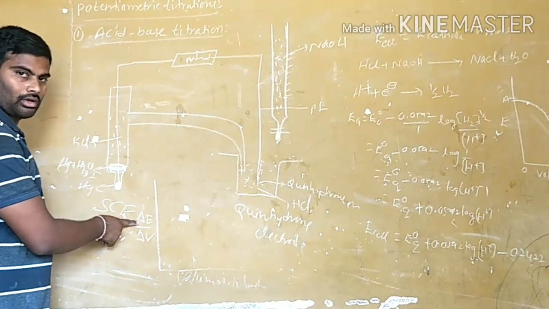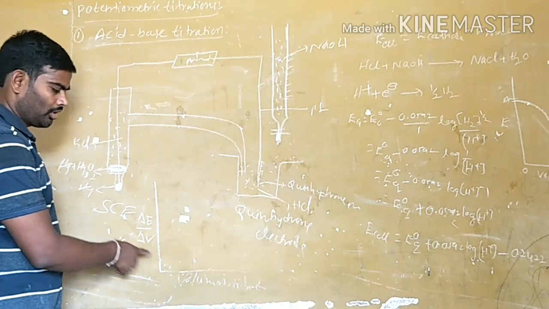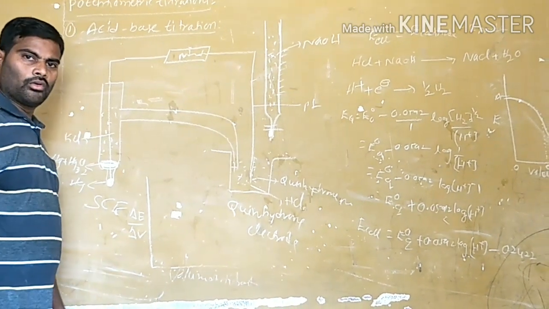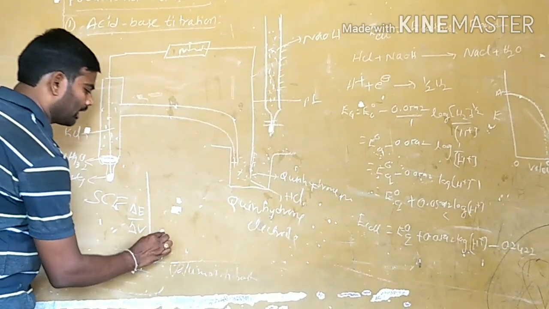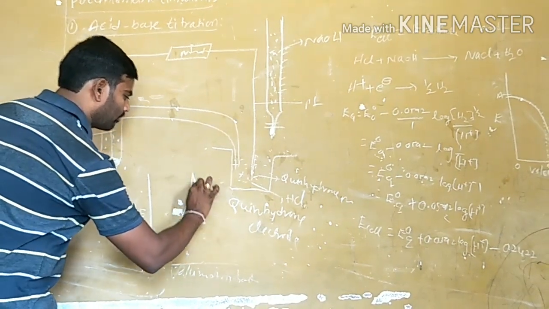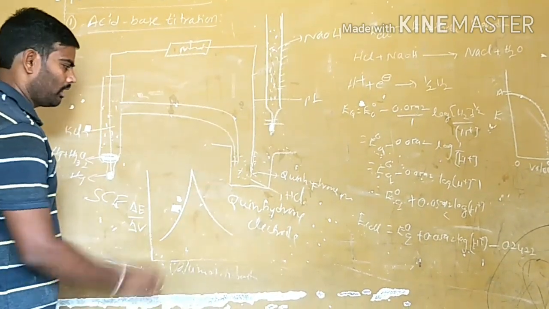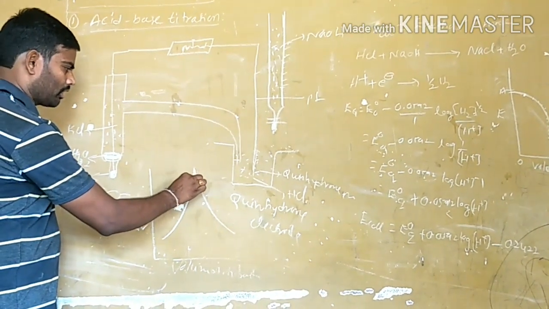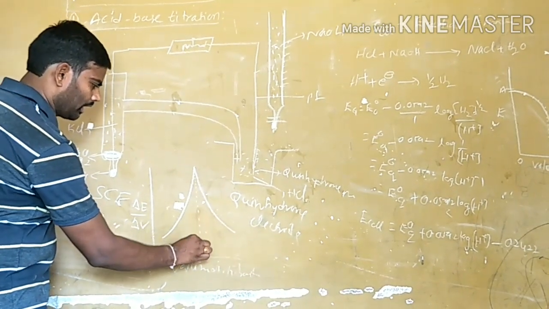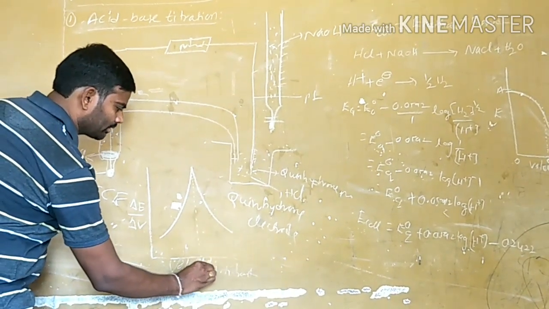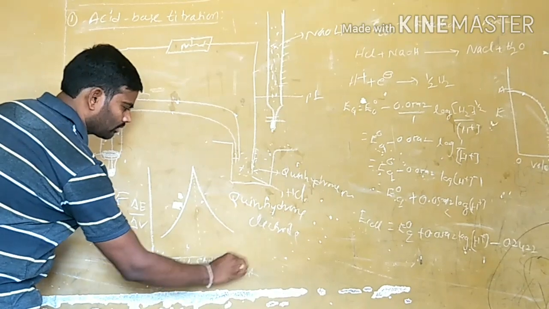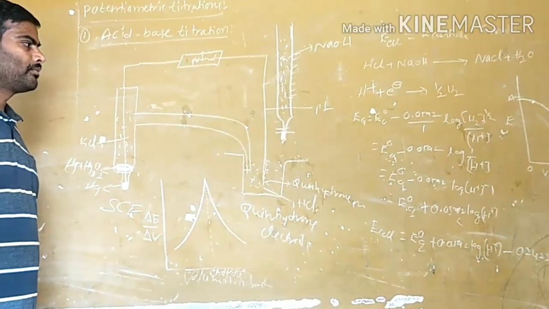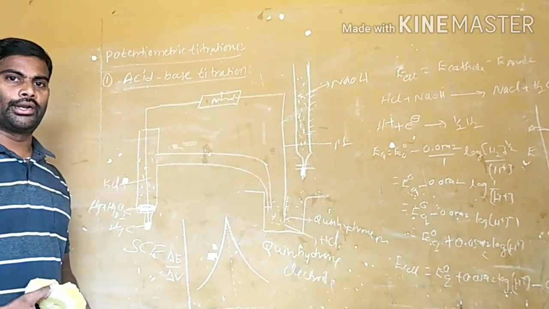The change in potential with the change in volume, with respect to volume of titrant, gives a curve like this. Here, the sharp point gives the end point. This is about the acid base titrations.